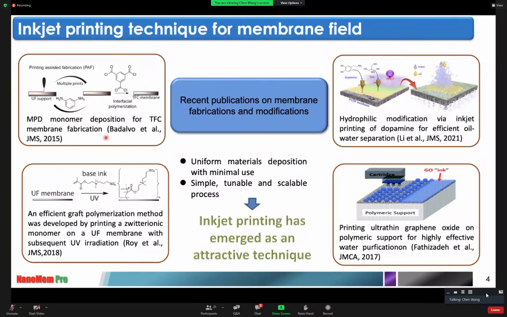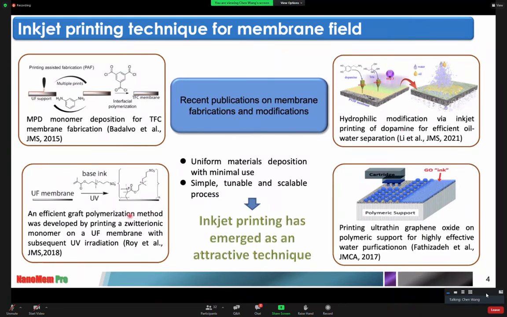In the first study, they used a printer to print MPD monomer to fabricate a TFC membrane. In the second study, they used inkjet printing technology to print dopamine on a PVDF membrane surface for hydrophilicity modification for efficient oil and water separation.